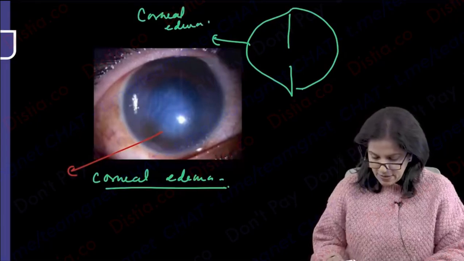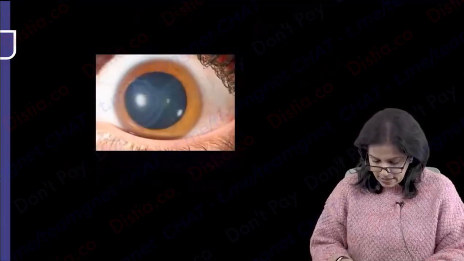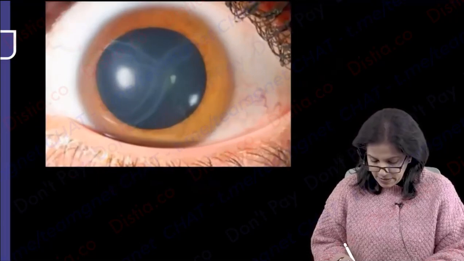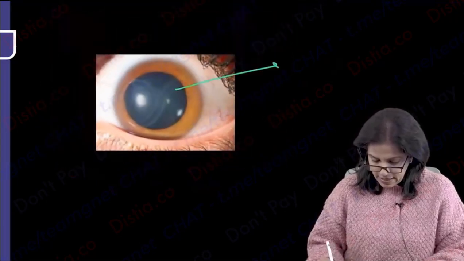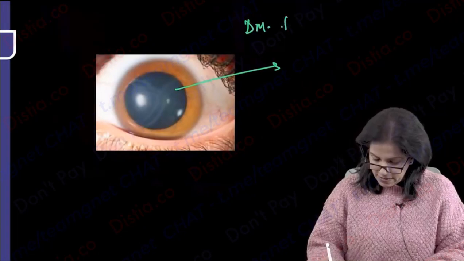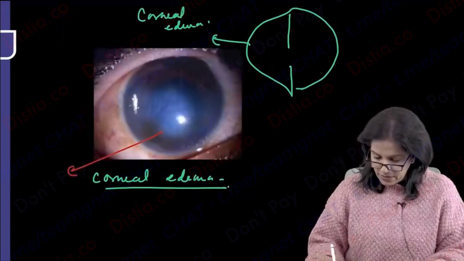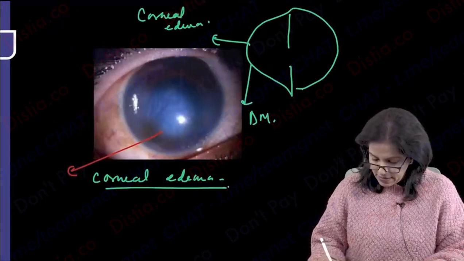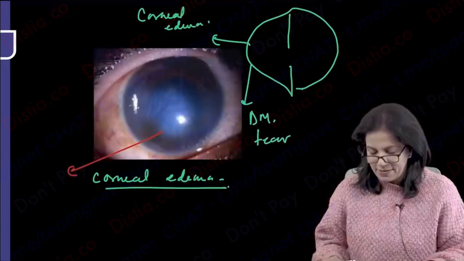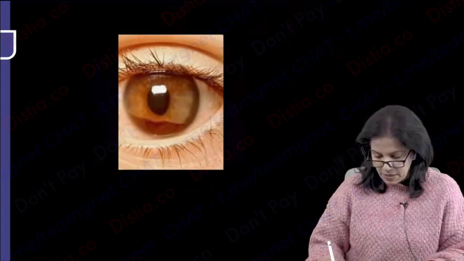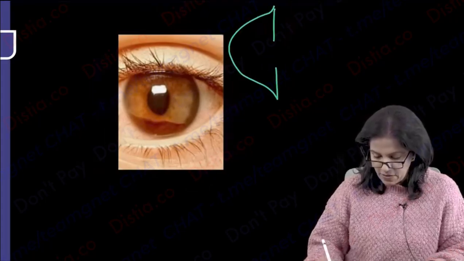What else can you see? What is the next feature? Tear in the Descemet's membrane. Okay, so Descemet's membrane tear. You can draw it on this diagram itself.